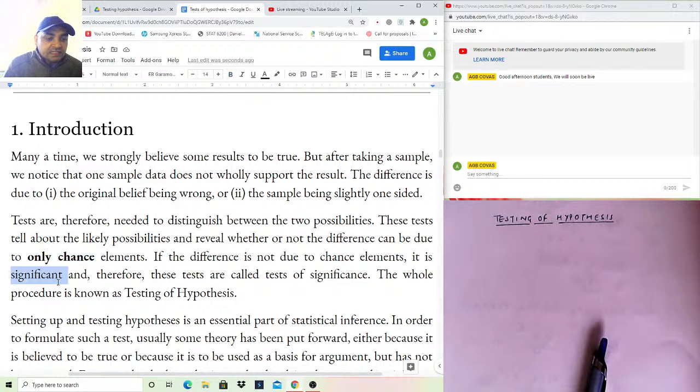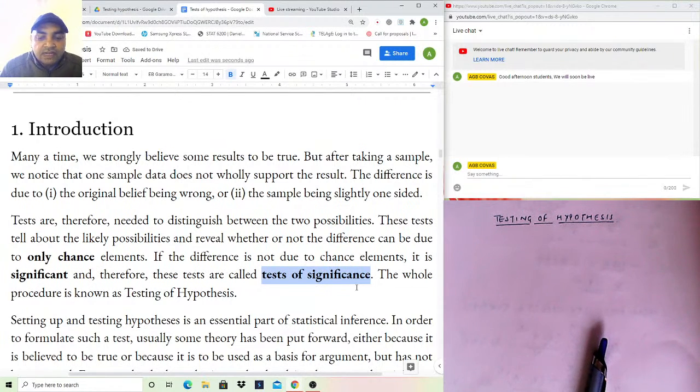Whether the differences between what we are assuming and what we are getting are due to chance or are significant, these tests are therefore also known as tests of significance. By hypothesis testing, we test the significance of our assumption, and this whole process is known as testing of hypothesis.